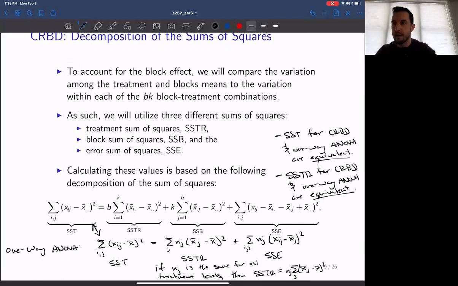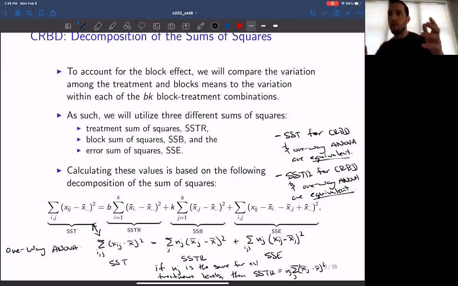Okay, so the idea here is basically if nj is exactly the same number for every single treatment level, then we can pull the nj out front of the summation. It's going to be a constant number. And now you can see that the SSTR from the block design and the SSTR from the one-way ANOVA are the exact same measurement.